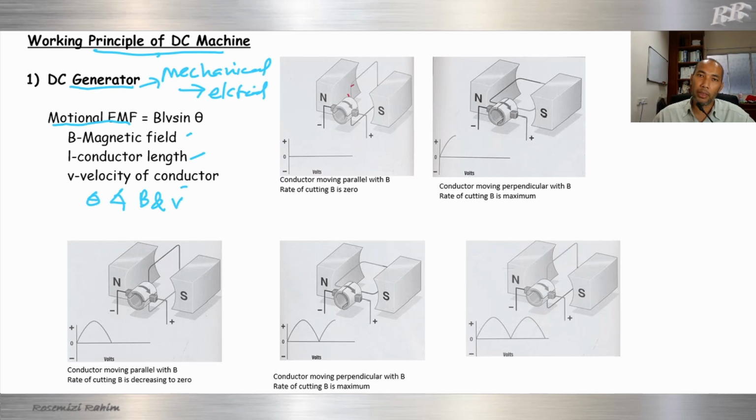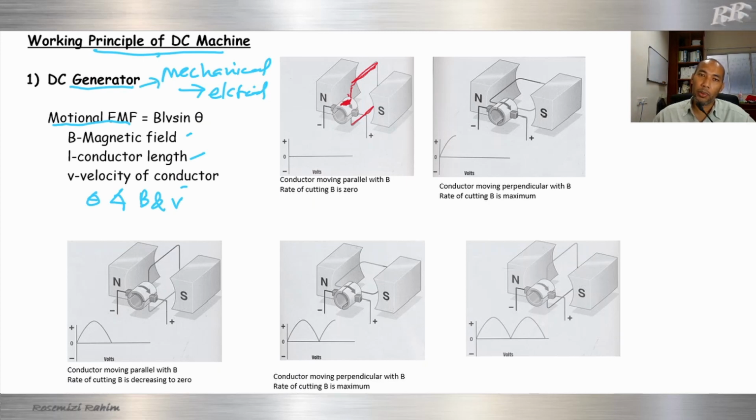In this case, this is the conductor, and this is not a conductor. The conductor connects to the slip ring, the commutator. When the conductor harvests the energy, that is, generates energy, it induces current.